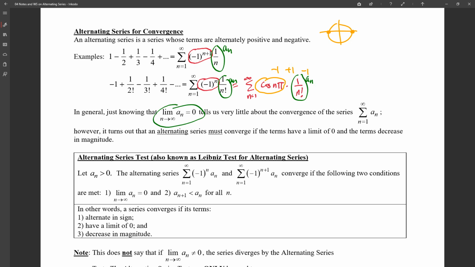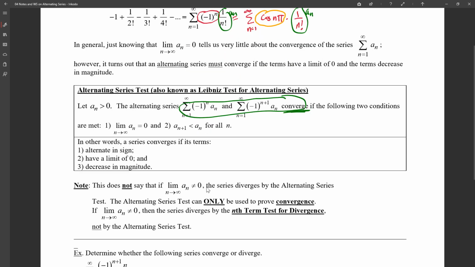The alternating series test says that if you have a series that alternates in signs, and the limit of your a sub n goes to 0, and your terms decrease in magnitude, so each subsequent term gets smaller and smaller, then what you know is that the series converges.